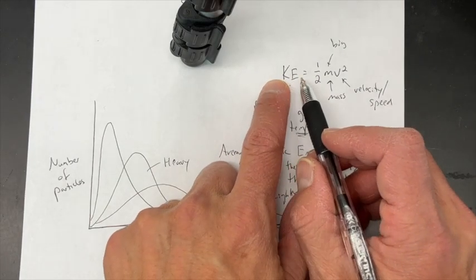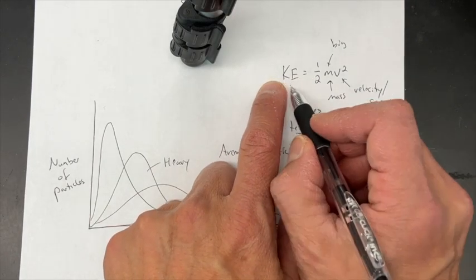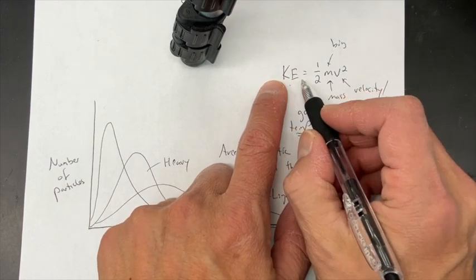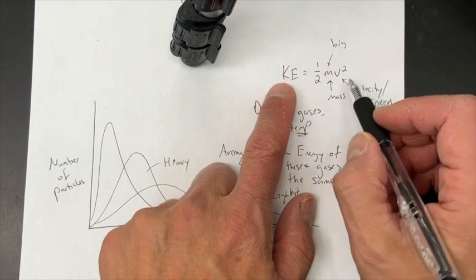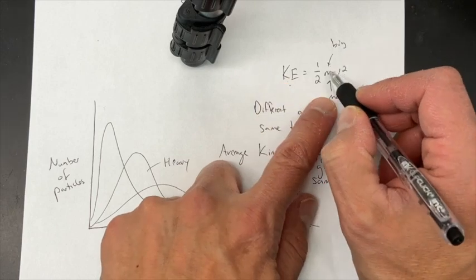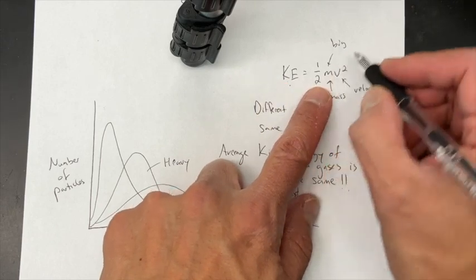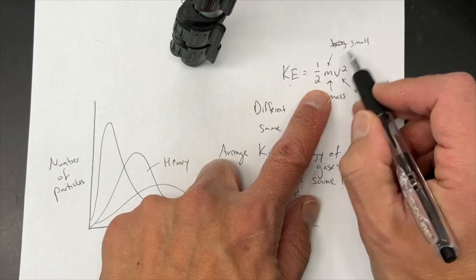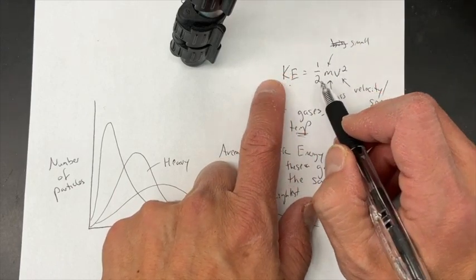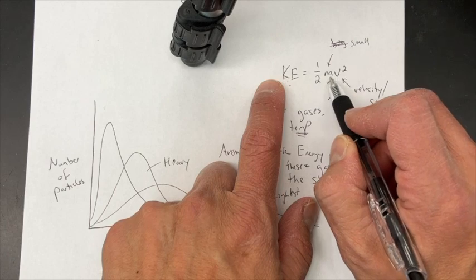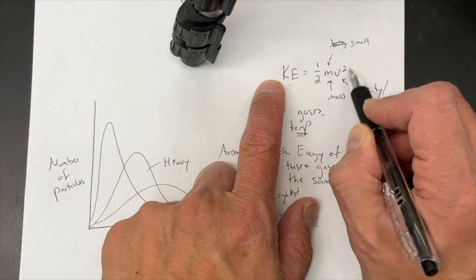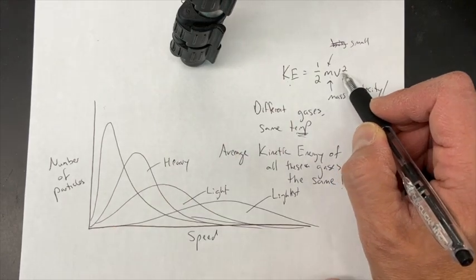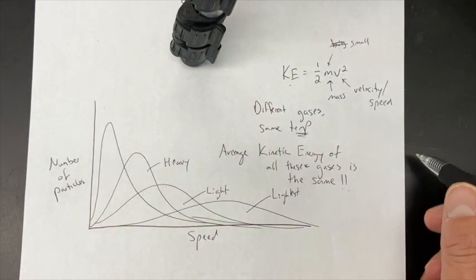But if I have the kinetic energy of a particle that is light and the kinetic energy is the same, well, let's say that this mass here is small. What happens if it was small? For it to be the same kinetic energy, with a small mass, the velocity has to be very big to make the kinetic energy the same.